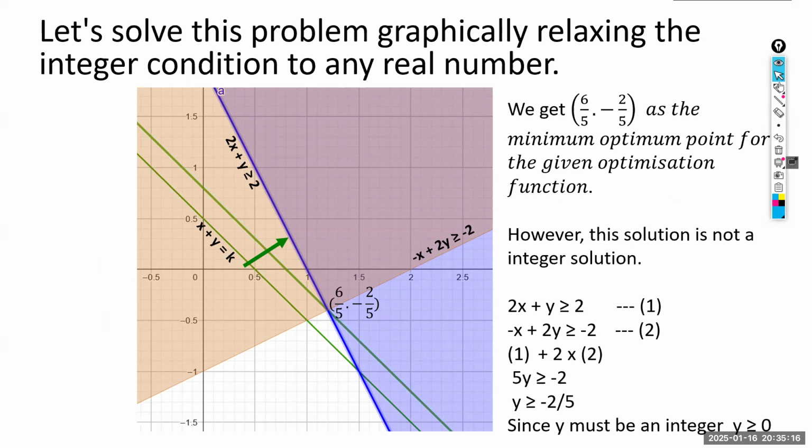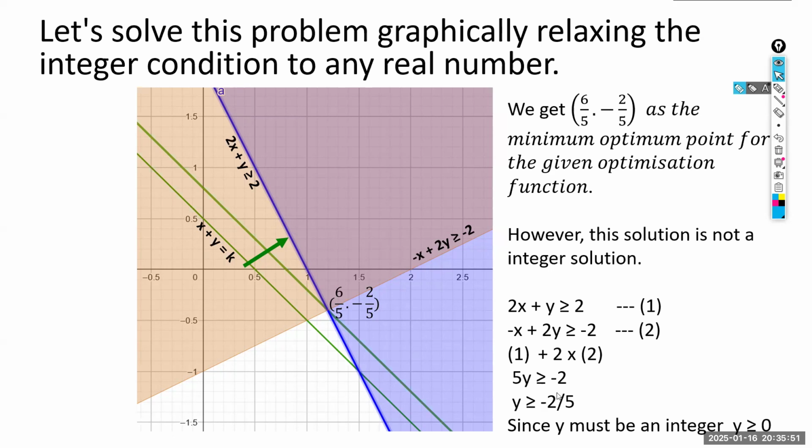Right, so this is something that we have in this example. This is something we have done. So that is, we have eliminated one of the variables from our two inequalities. How to do that? Let's say we want to eliminate x, then 1 plus 2 times 2, then 2x and minus 2x get cancelled. Then 5y is greater than or equal to 4 minus 2 is, sorry, 2 plus minus 4 is minus 2.